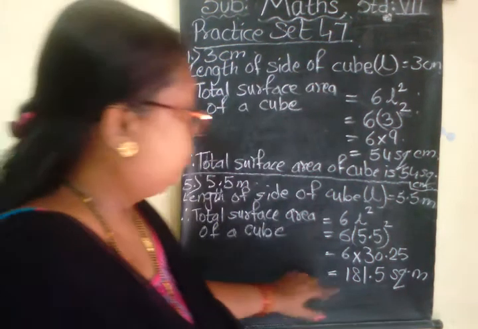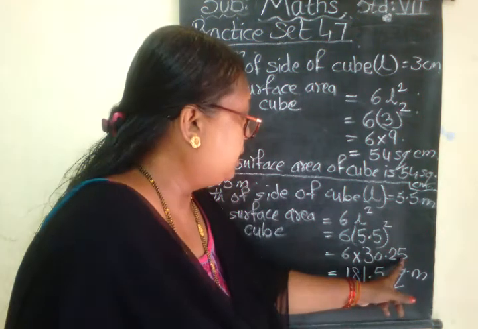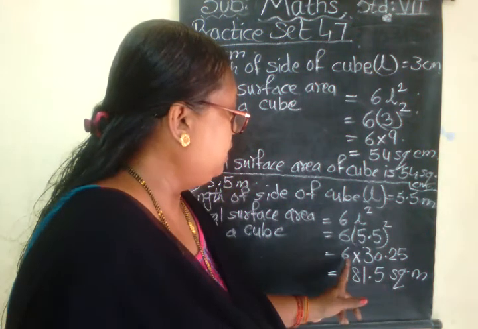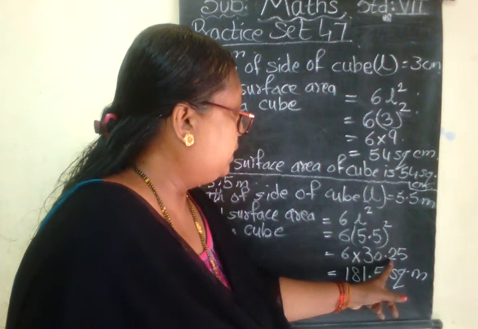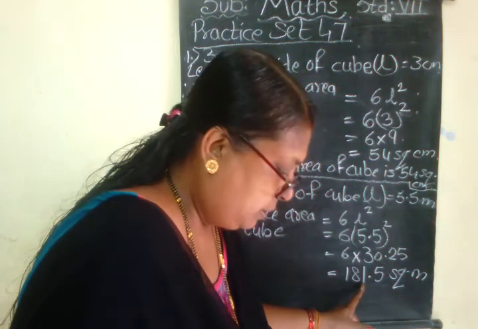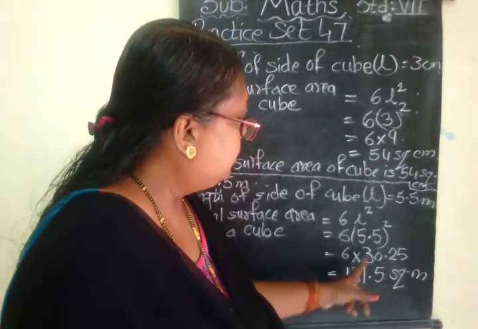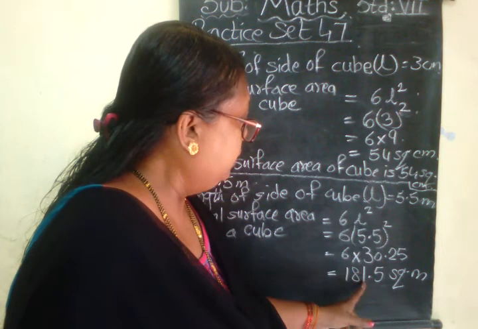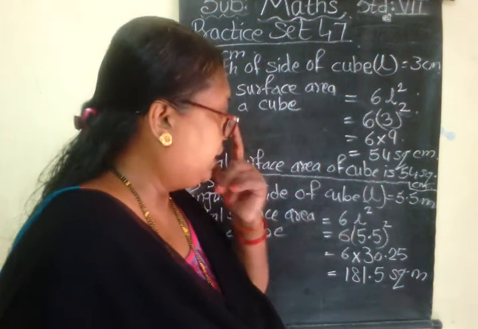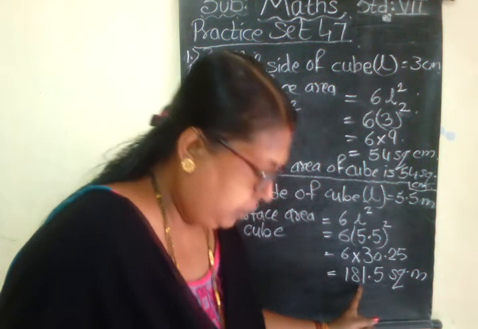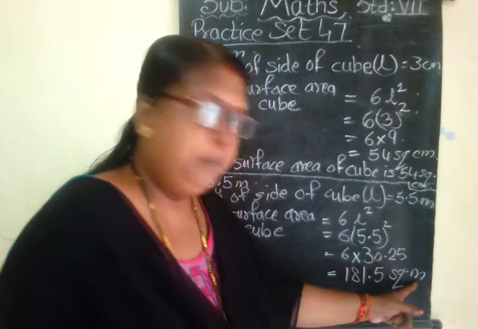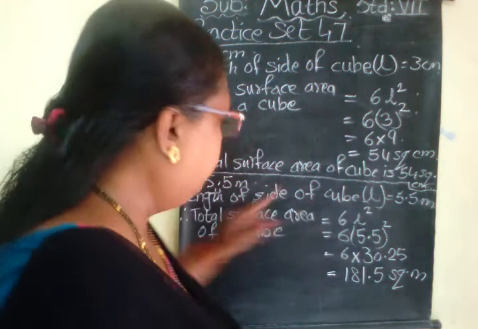Okay, so when you multiply, 6 5s are 30, 6 2s are 12, and 6 3s are 18, correct. So 181.5 square meter is the total surface area of this cube.